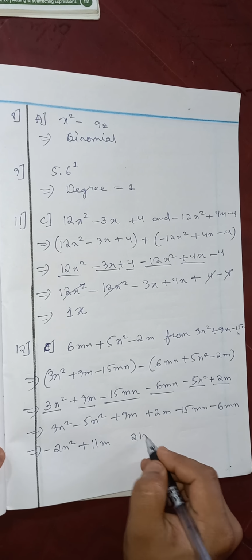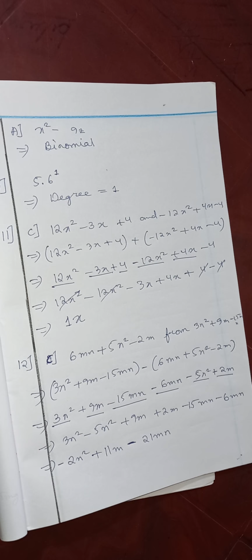So you have to get an idea from here and do the rest of the questions. Okay children, so 12A, B and D is your homework. Okay, you don't have to do question number 13. Okay children, and from question number 15 you have to do question number B and C. Okay, and question number 14 you don't have to do, question number 16 you don't have to do, and question number 17 also you don't have to do.